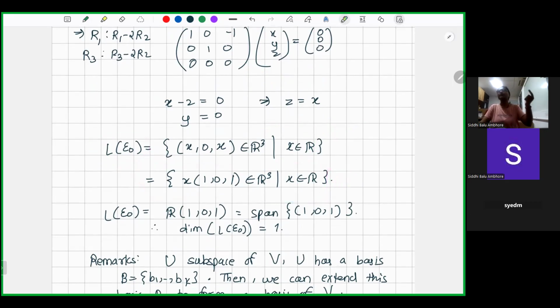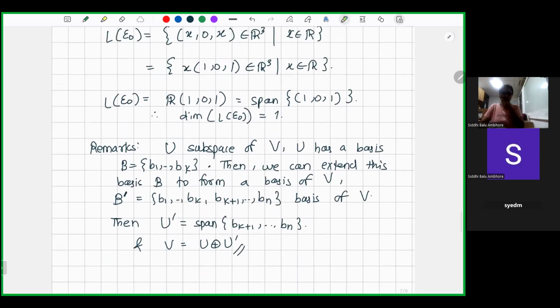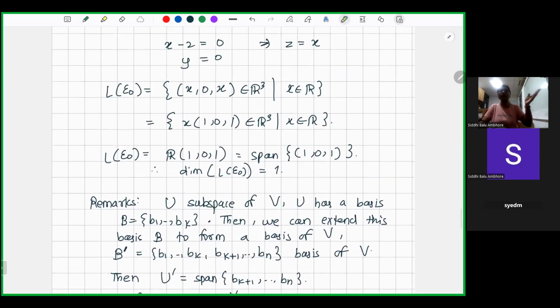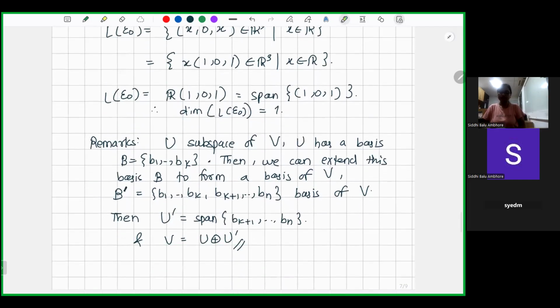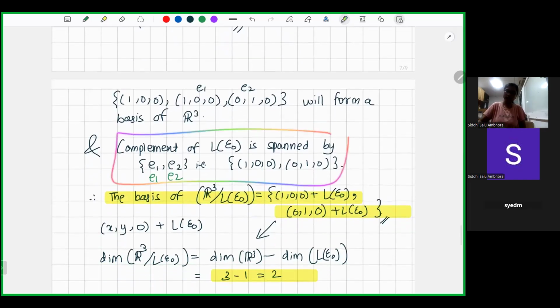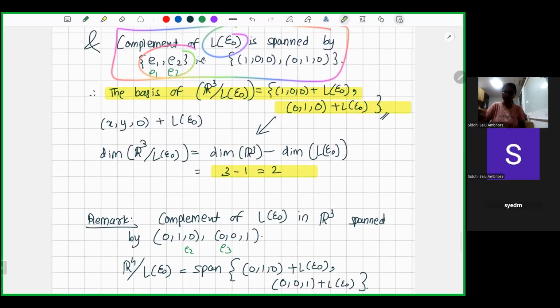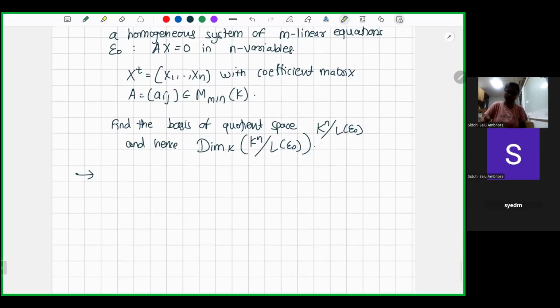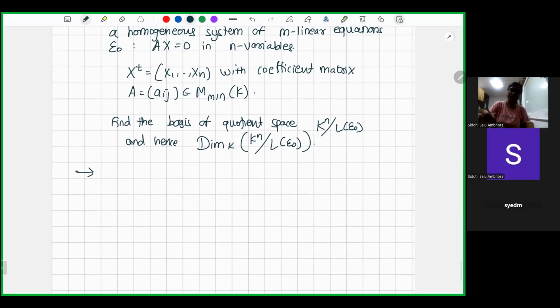When we look at the solution in Rn, the dimension will be n minus the dimension of A. So the dimension of L0 then was determined by A here. The similar thing will be applied here.